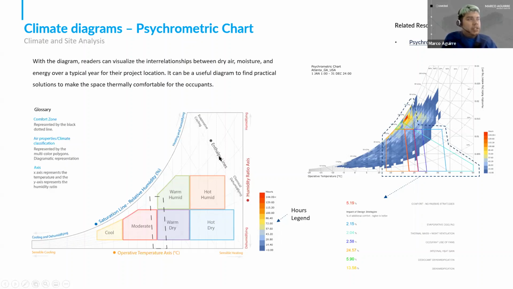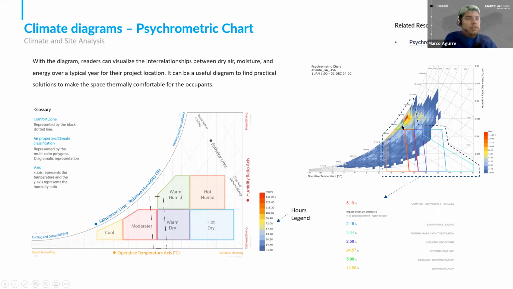Based on the intersections of those different axes, we have different climate conditions that can happen in any direction. And depending on your location, you're going to see these little polygons of color, the red, yellow, blues, that will represent the hours of the year where those certain climate conditions are occurring.